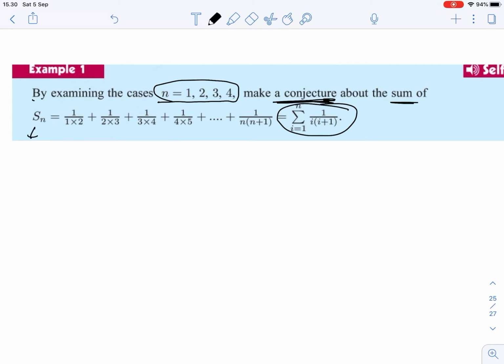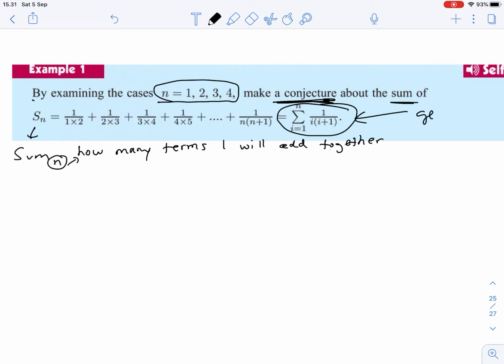Guys, remember that the S stands for sum, and if it has a little n there, whatever the n is, that tells me how many terms I will add together. This is the general expression of those terms.